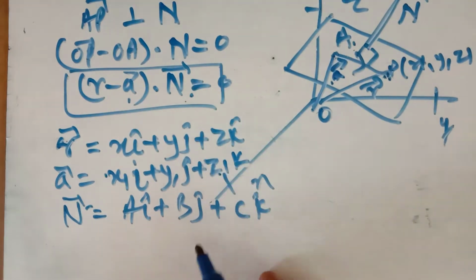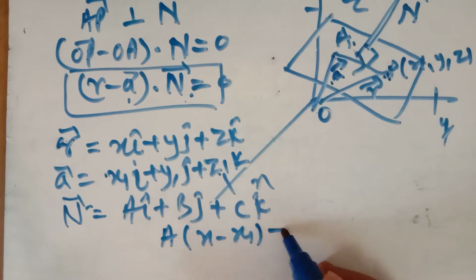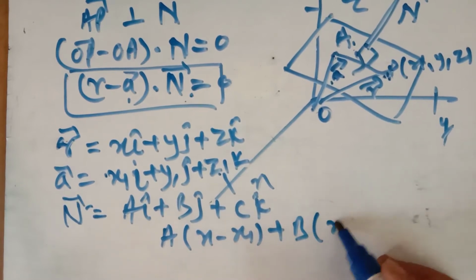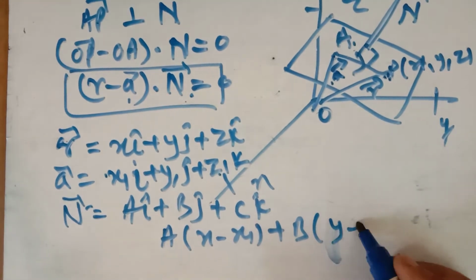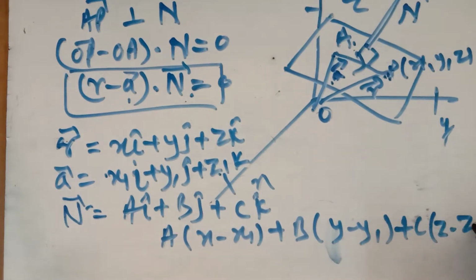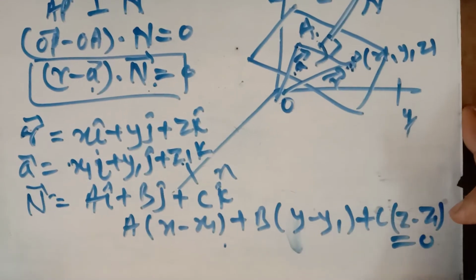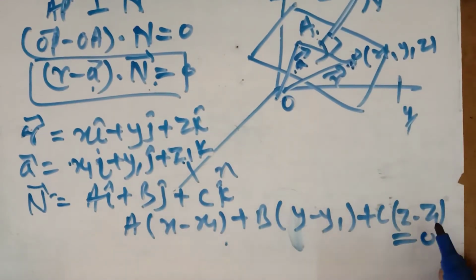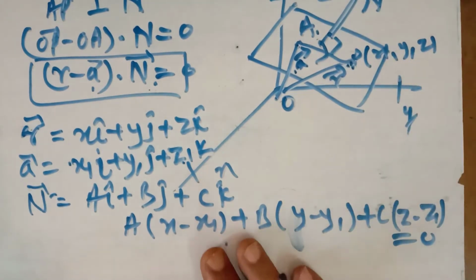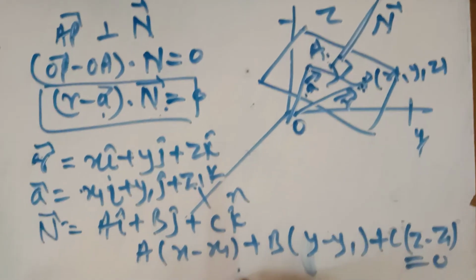Putting these values here, you will get the equation of the plane passing through a point whose coordinates are x1, y1, z1, and direction ratios of the normal vector be A, B, C, which will be: A(x minus x1) plus B(y minus y1) plus C(z minus z1) equals 0, where x1, y1, z1 are the coordinates of a point in the plane, and A, B, C are the direction ratios of the vector which is perpendicular to this plane.